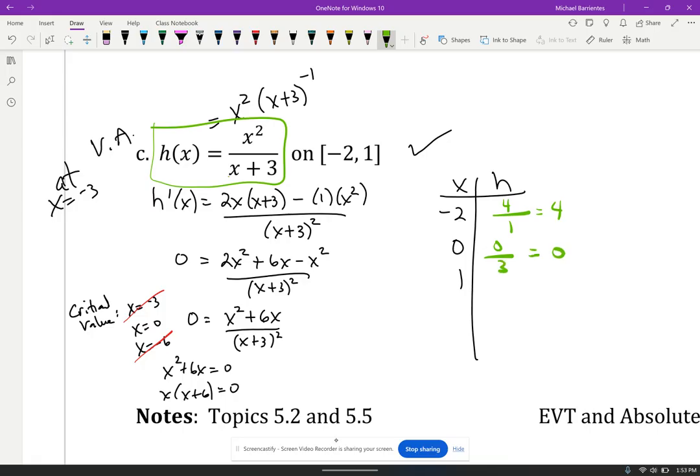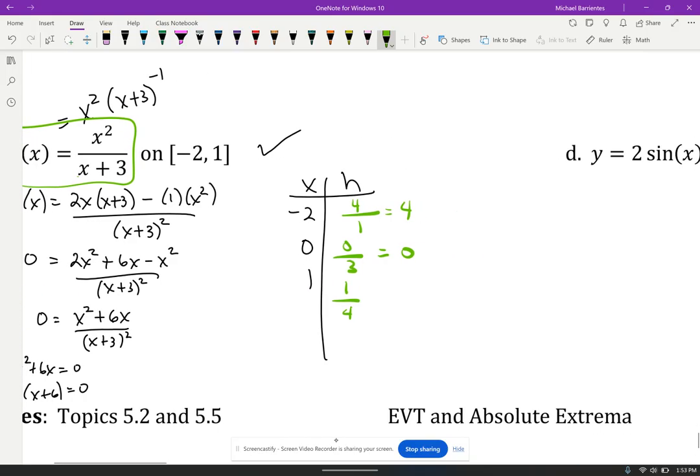And 1 squared is 1, divided by 1 plus 3, that's 4, that's 1/4. Well, I think I can see that the absolute max is 4, and that happens at x equals negative 2. And I can see the absolute minimum is 0, and that happens at x equals 0.